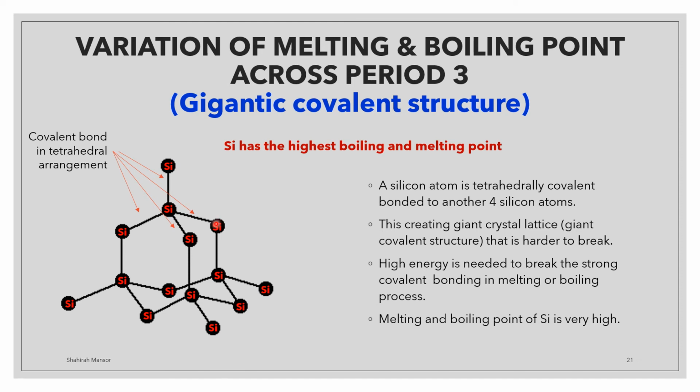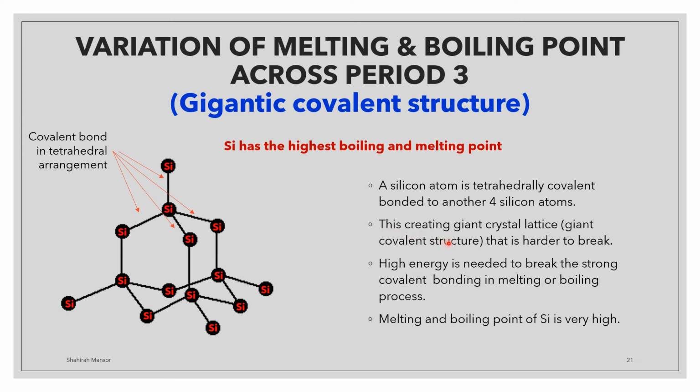And their covalent bonding adalah dalam bentuk tetrahedral arrangement. Maksudnya setiap satu silicon atom dalam structure of silicon ini akan tetrahedrally covalent bonded dengan another 4 silicon atom yang lain. So ini I just ambil cross section saja. So in real maksudnya akan ada banyak lagi lah cabang dalam structure of the silicon.